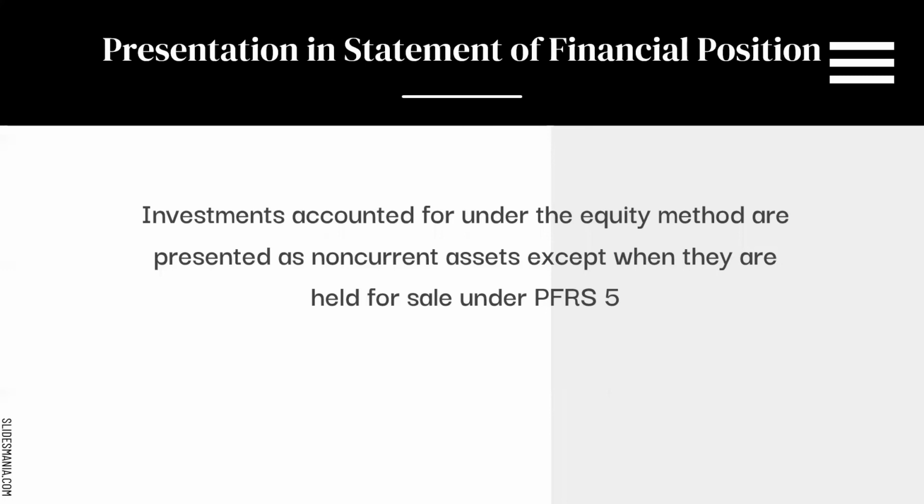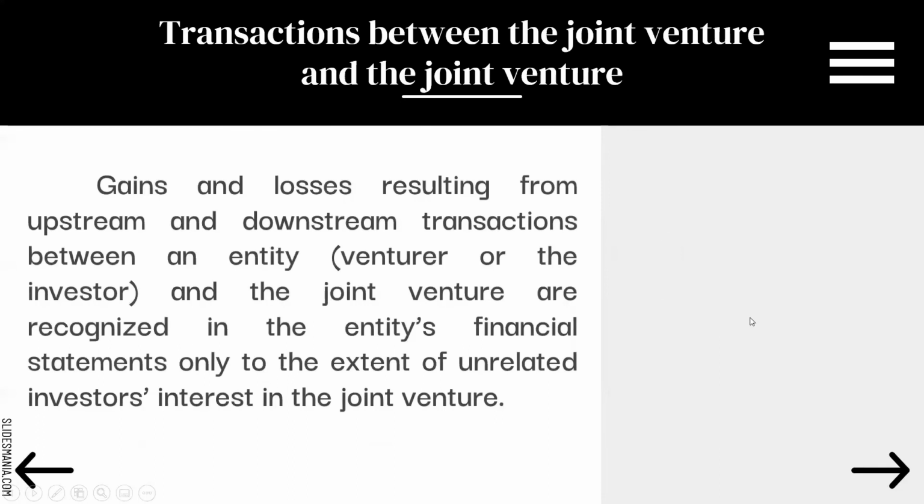Next slide again. So let's go to the transactions between the joint venturer and the joint venture. Gains and losses resulting from upstream and downstream transactions between an entity, the venturer or investor, and the joint venture are recognized in the entity's financial statements only to the extent of unrelated investors' interest in the joint venture. For a downstream transaction, it provides evidence of a reduction in the net realizable value of the asset to be sold or contributed.